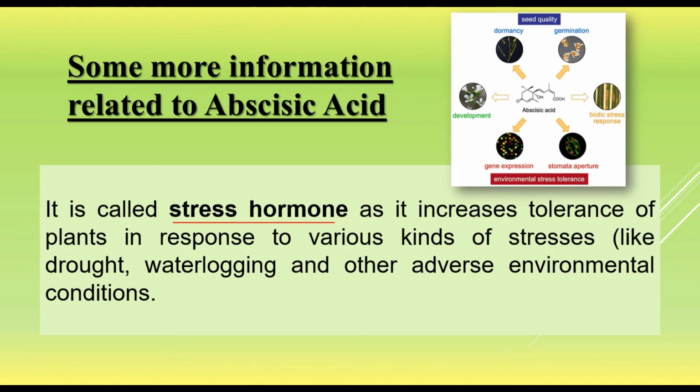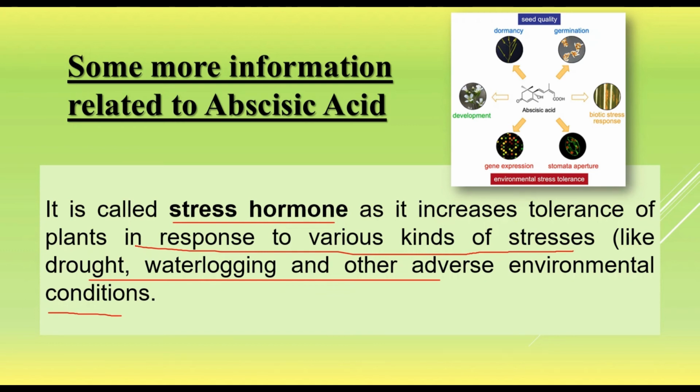Why? Because it increases the tolerance of plants in response to various types of stresses like drought, waterlogging, and other adverse environmental conditions. During drought or waterlogging, abscisic acid does not allow germination of the seed.